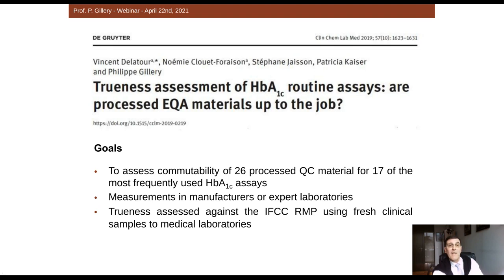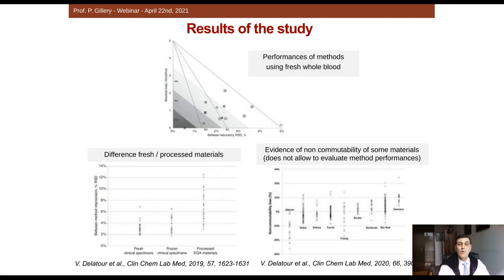So we assessed commutability of 26 processed quality control materials using 17 of the most frequently used HbA1c assays. These materials were sent to manufacturers, expert laboratories, and also to medical laboratories.